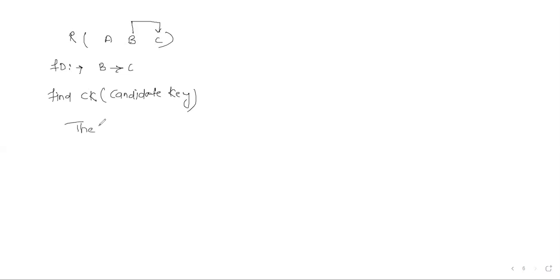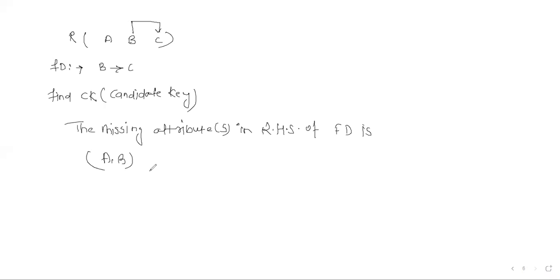So the missing attributes in the right hand side of the functional dependency are A and B. This is the RHS, right hand side, and this is the LHS, left hand side. On the right hand side, only C is available out of A, B, C. What is missing? A and B.